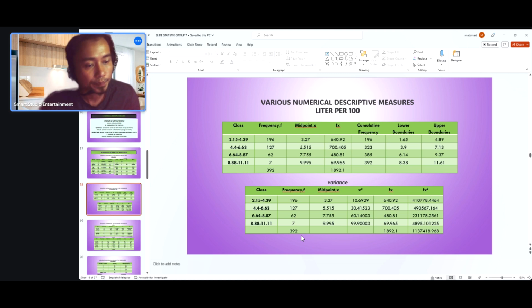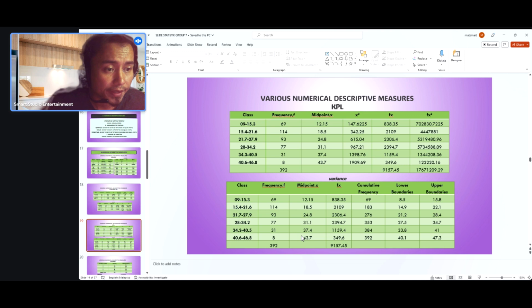And the variance you can see in the table under it.